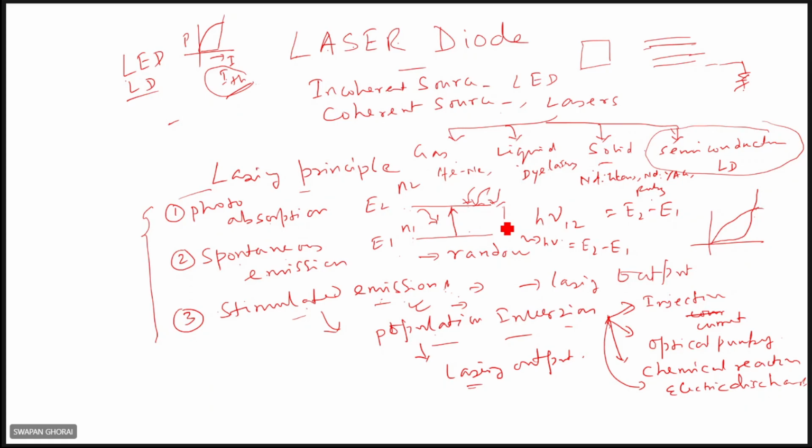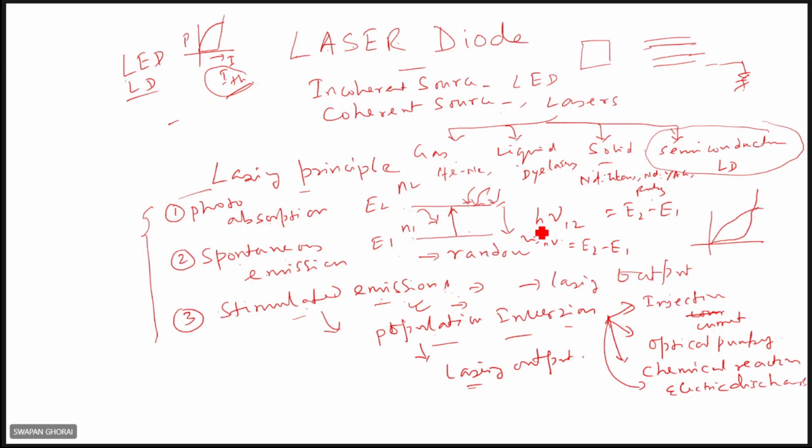Whenever there is a transition between the two states, it can be either absorption or emission of a photon. What is that? That is h nu equal to E2 minus E1.